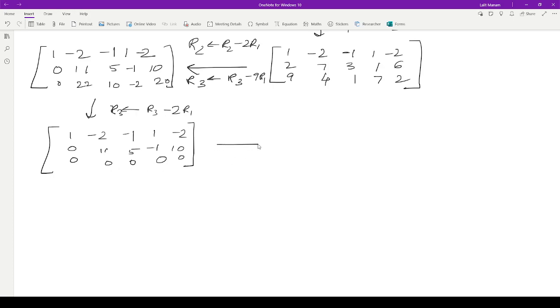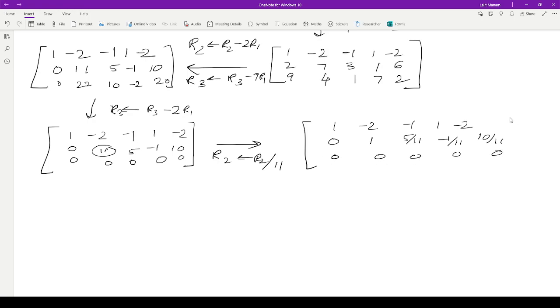And just to make it row echelon form, we divide the second row by the pivot element value, which gives us 1 minus 2 minus 1 minus 2, 0 1, 5 by 11, minus 1 by 11, 10 by 11, and there are all zeros at the last.